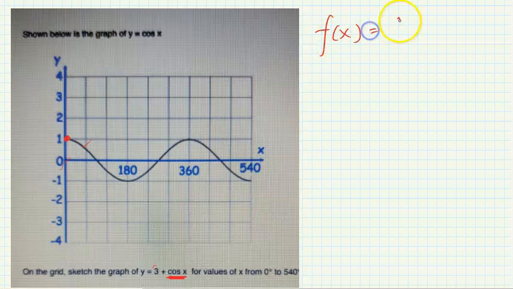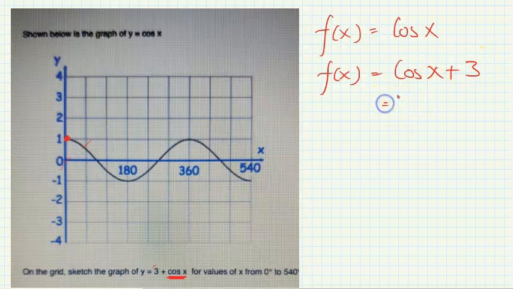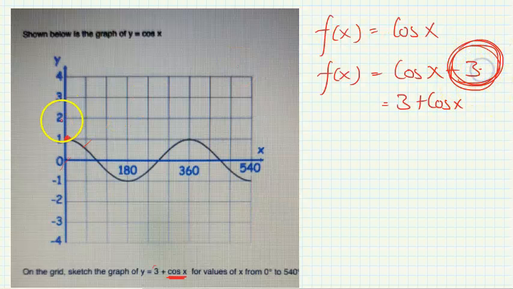If f(x) is equal to cos x, then after transformation it is cos x plus 3. You can also write this as 3 plus cos x. It means the y-axis is increased by 3. So y is 1. We have to increase it by 3. 1, 2, 3. So this will come here.